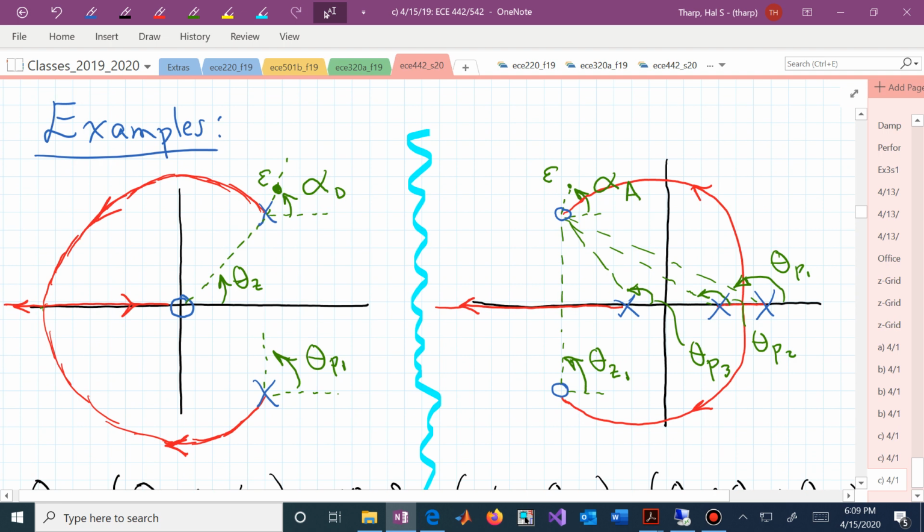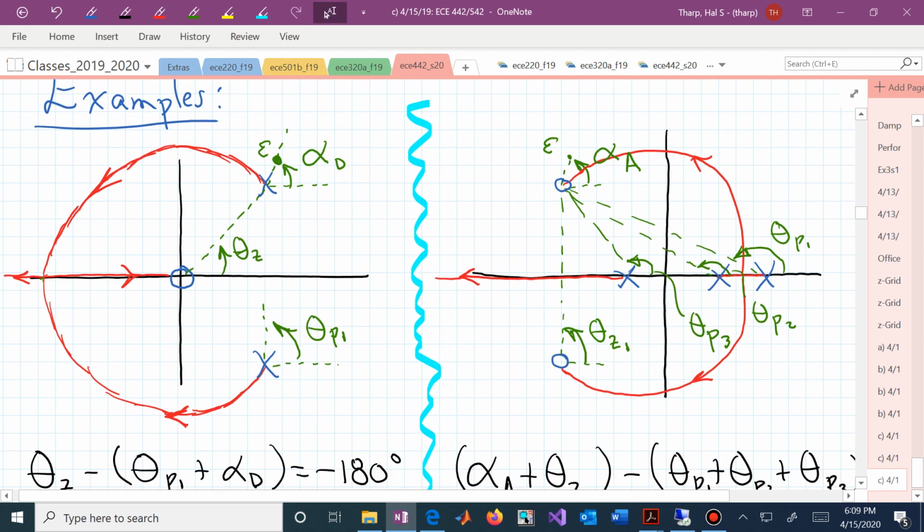Here are a couple of examples. One on the left is for determining the departure angle. We're departing from the poles. And on the right, we're doing the arrival angles. How are these 2 root locus branches approaching those zeros?